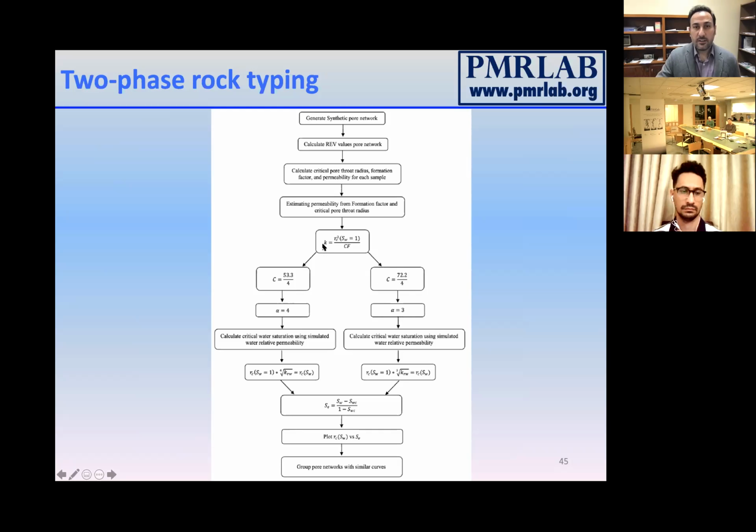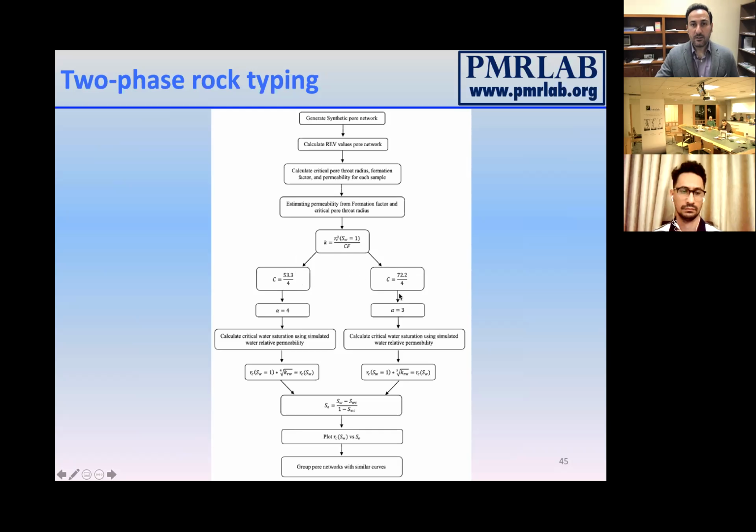So based on the fact that we had simulated permeability, simulated formation factor, RC at SW equals 1 can be estimated from the mode of the pore throat size distribution. So we have all these 3 quantities. We use C equals 72.2 divided by 4, and we also use the other value, and we double check which C value would result in more accurate permeability estimation.